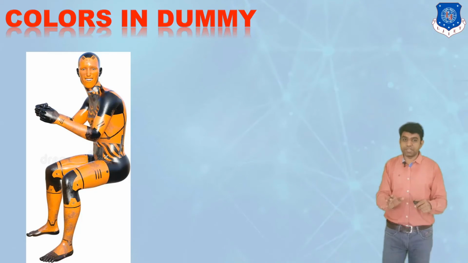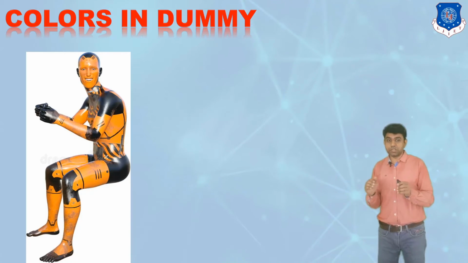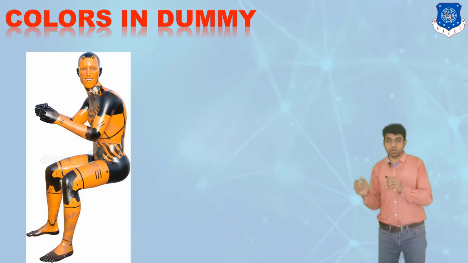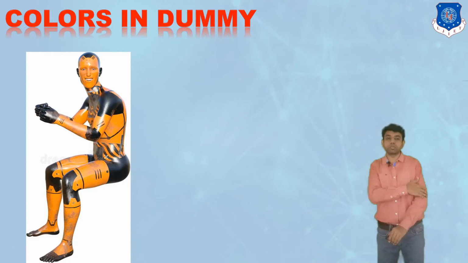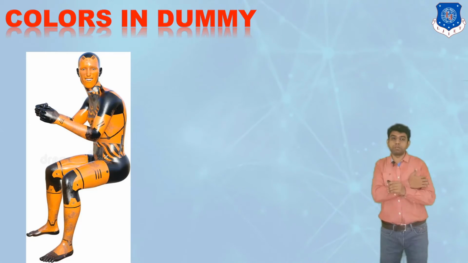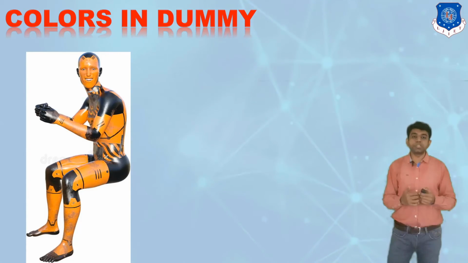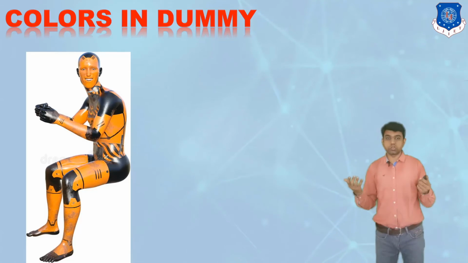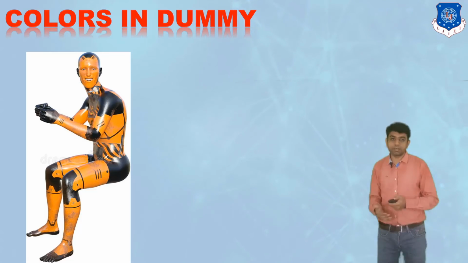From that we get an indication of how much surface area of the dummy is colliding with this object. Say for example the yellow color is placed on the forearm region, or maybe the bicep region. Then which region the forearm has been touching can also be evaluated by keeping the different colors.